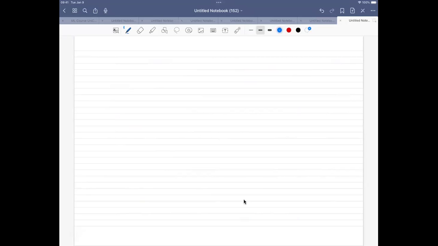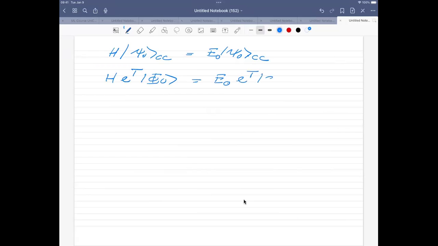So one approach to find these amplitudes is to set up, let's write this in terms of psi 0, and this is going to be CC, and this is given by E of psi 0, CC. And from now on, I'm going to skip the CC subscript, but this is going to be equal to the expectation value of H with e to the T multiplied with phi 0. And this is obviously E, and we put a 0 here to indicate that we are targeting the ground state, of e to the T of phi 0.